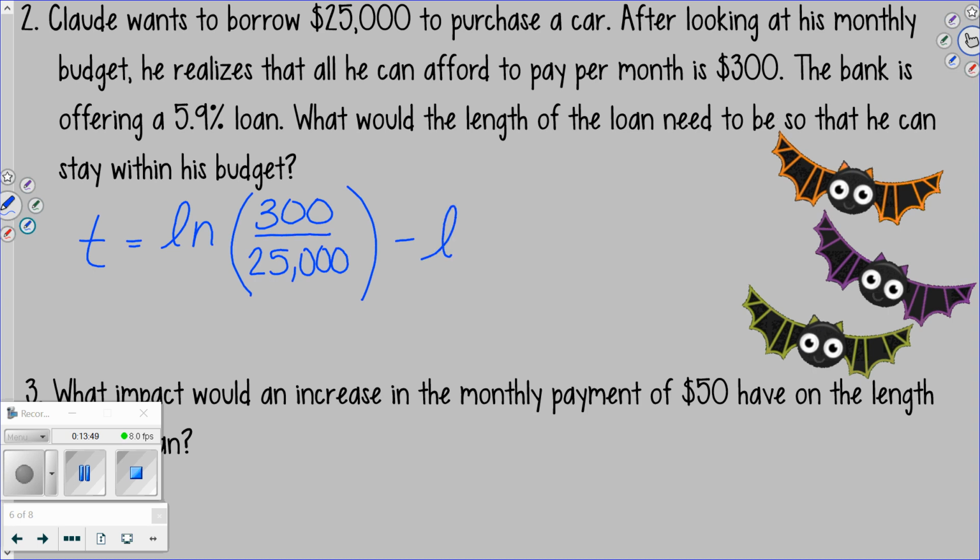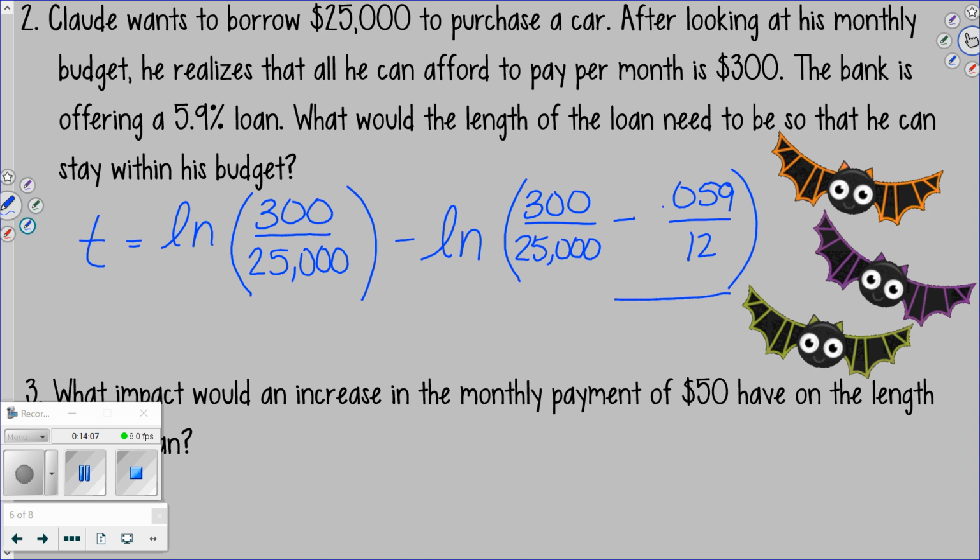Minus natural log, 300 over 25,000 again, minus my rate, 0.059 over 12. All of that is over top of 12 times the natural log of 1 plus my rate, 0.059 over 12.